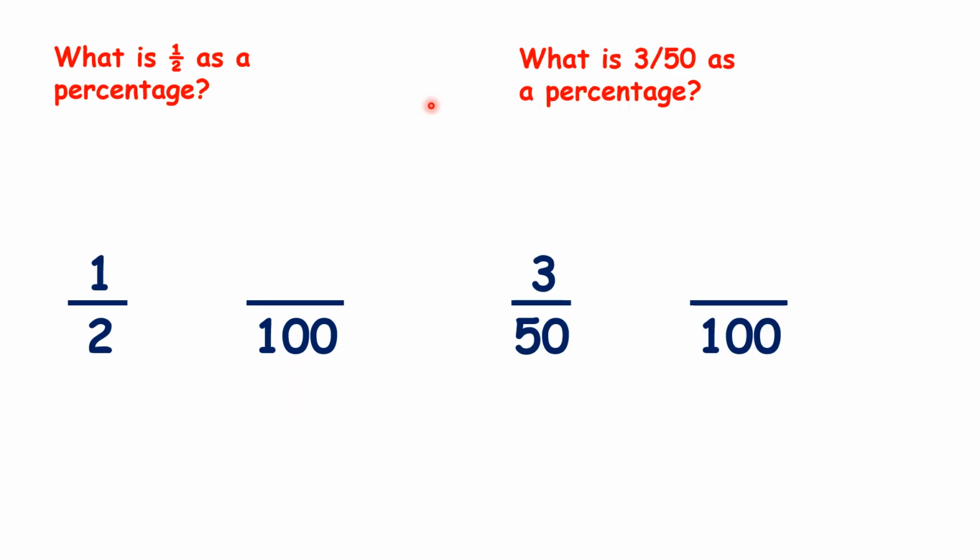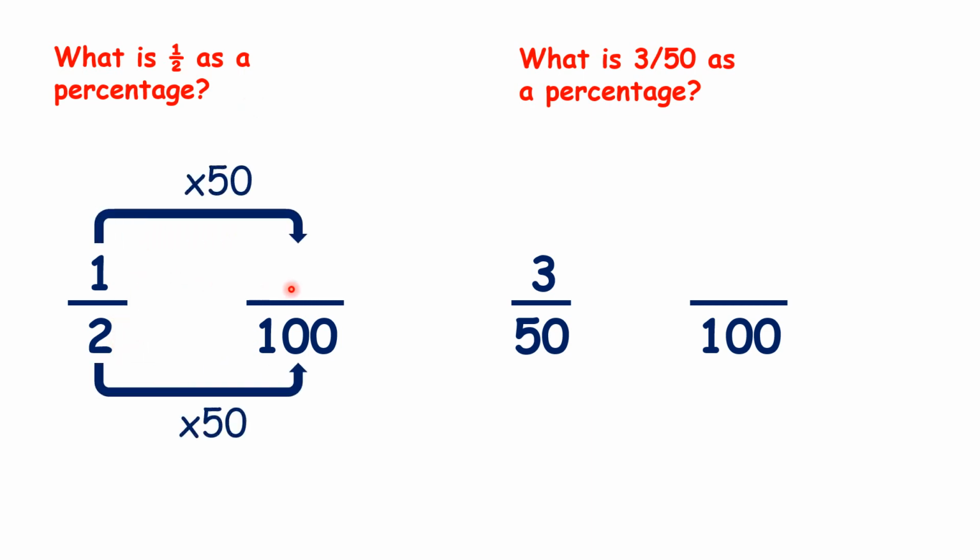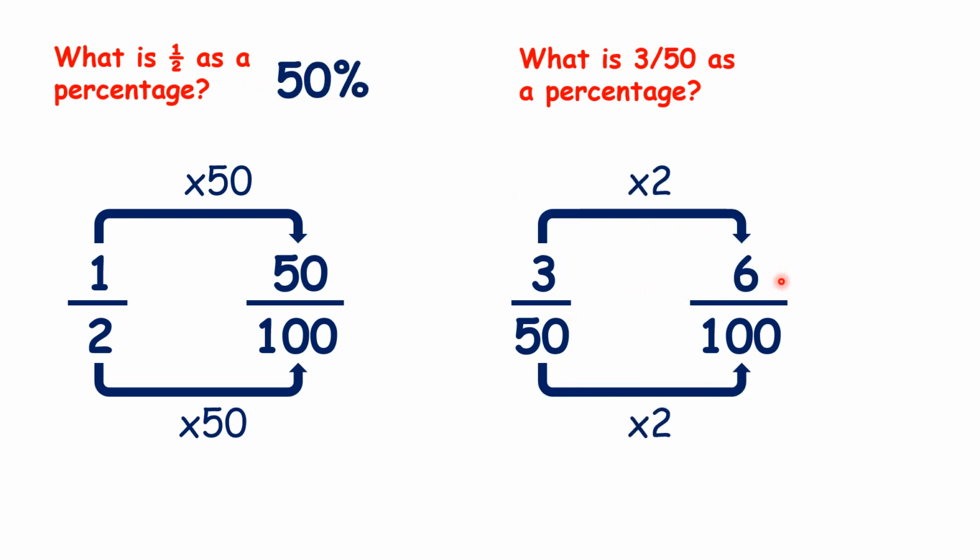Now pause the video and see if you can write 1/2 and 3/50 as a percentage. We find our equivalent fraction and we have our percent. And again we find our equivalent fraction and that gives us our percentage.